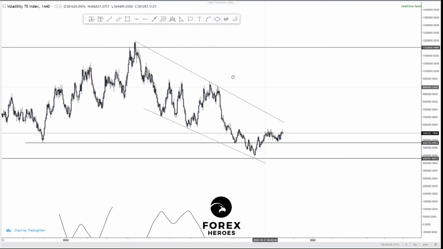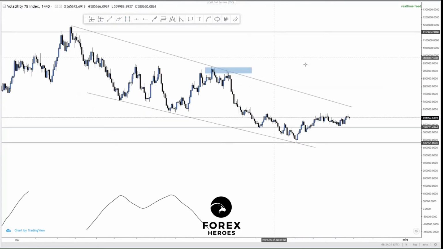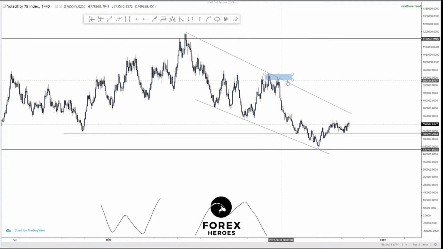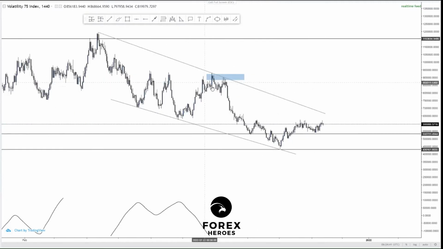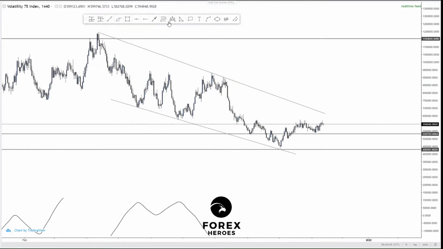You can see here we had a double top, and also it looks more like a head and shoulders, looking like a head and shoulders again. These patterns mostly repeat themselves. This one was a double top.